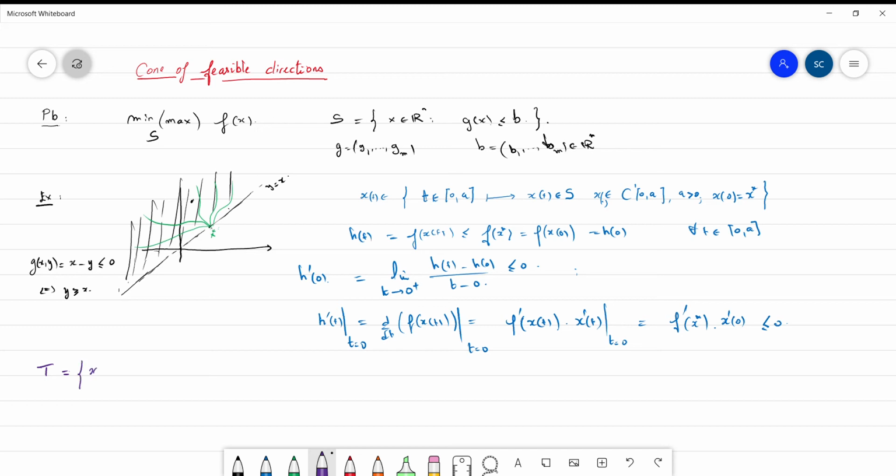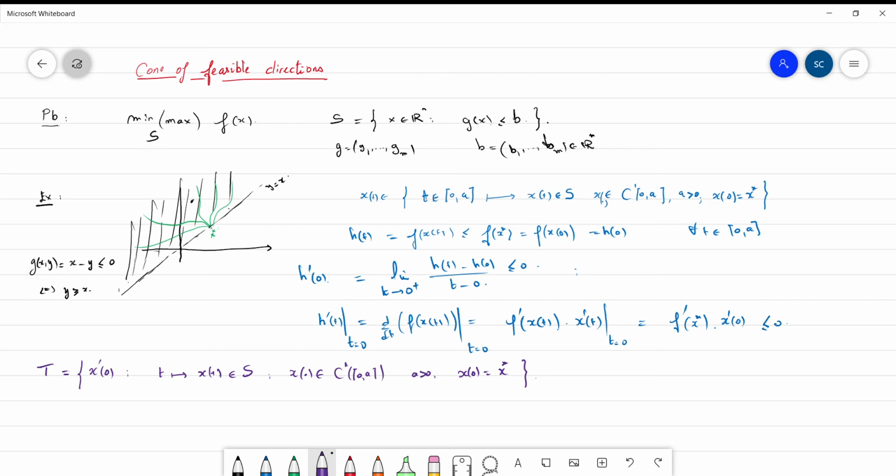If we consider all the tangent vectors for such curves where x(t) is continuous, belongs to S, the function belongs to C1 on [0, a] for some a positive, and starting at instant 0 from x star, we would like to characterize this set independently of the curve each time, considering parametrized curves like that.